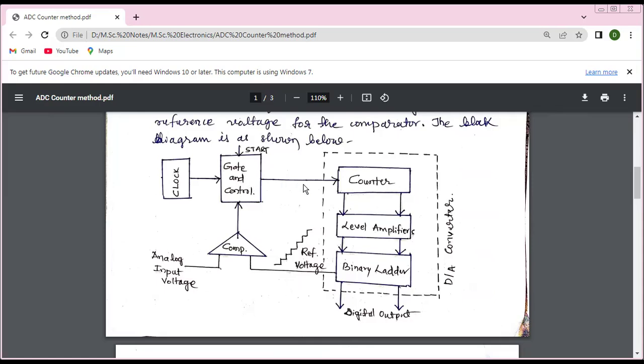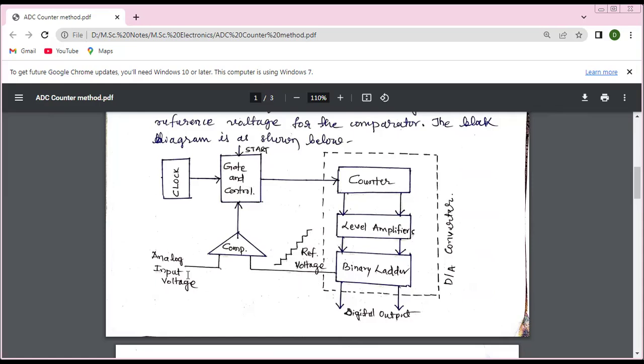Again one more pulse comes, so the counter counts it and one more staircase is produced. That means totally 3 staircases are produced here. I have shown this just as an example, just to show that it is a staircase voltage.